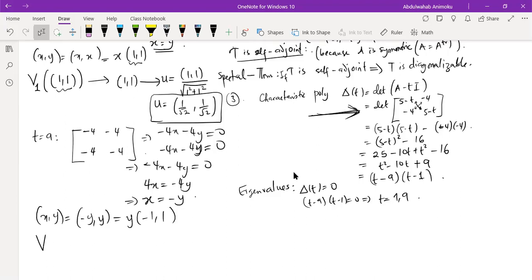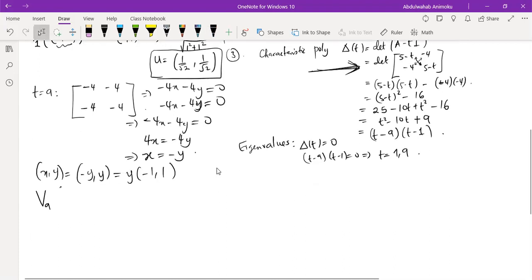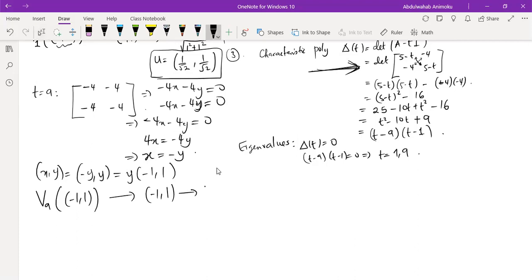Therefore, the space for this particular eigenvalue is spanned by this vector (-1, 1). Okay. Now we need to again orthonormalize this vector. Let's say this is u1, u2.